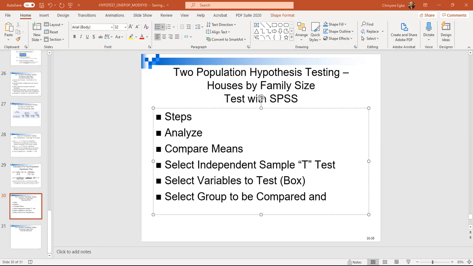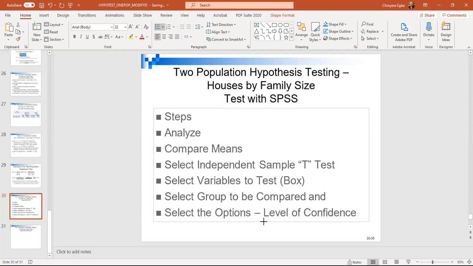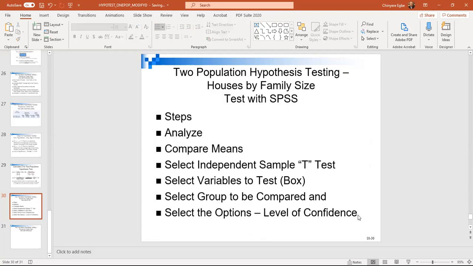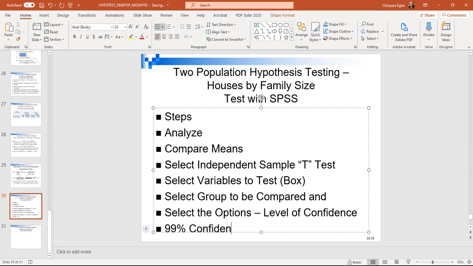Then you select the options. The options, that is to say, the level of confidence that you're testing at. For example, 99% confidence is the same thing as a 0.005 level of significance.